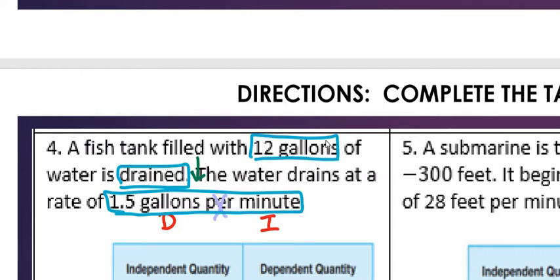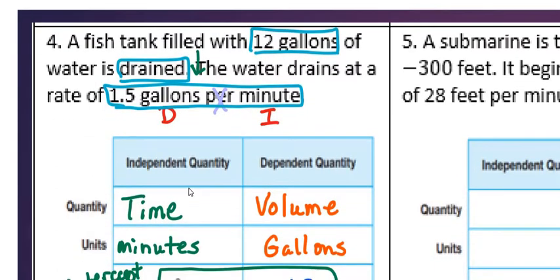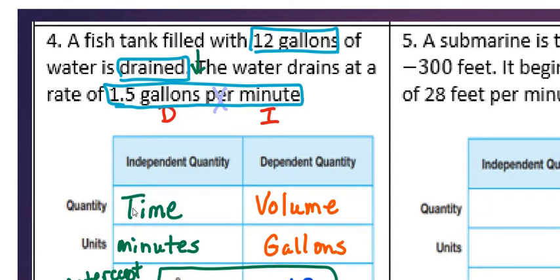Now, I'm going to take this right here, your dependent and independent quantities. Your quantity is time, your units of measurement is minutes right here. So this goes back to topic 1. And then your gallon is volume, which is being measured by gallons. This is your dependent. This is what you're going to fill out on your chart right here.